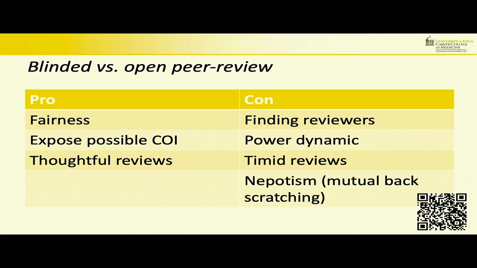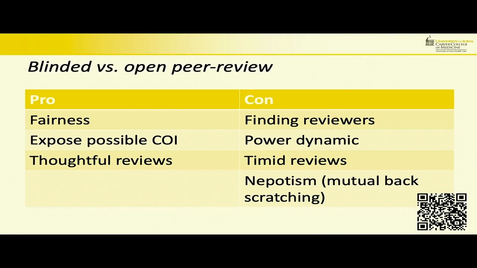The cons of doing that are sometimes reviewers don't want to be known, so it's hard to find reviewers who will be open. There is a power dynamic in reviewing, right? Because often the expert is somebody senior, and the other way around.